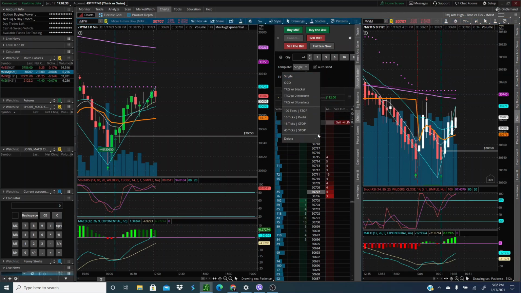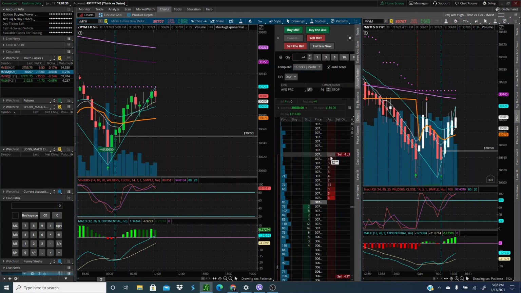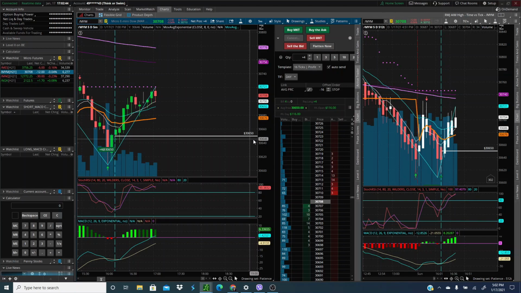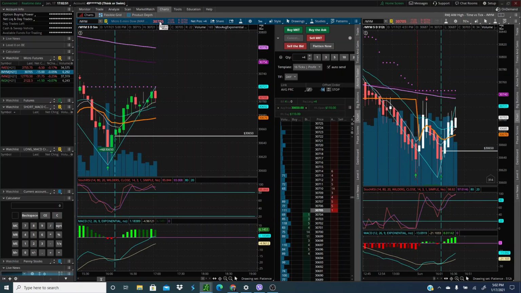So 4 contracts, our goal is 16 ticks. Normally that's my default, but we're obviously way above the 16 tick mark. So what I'm going to do here is, we entered at 36.50, we're now at 37.05. It's about 55 ticks.